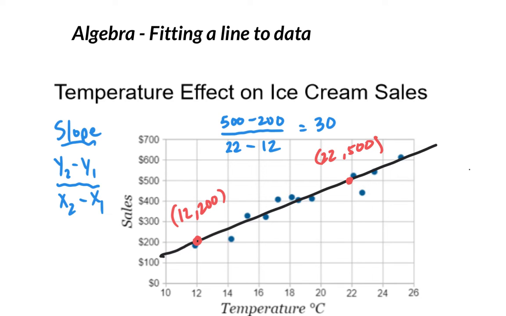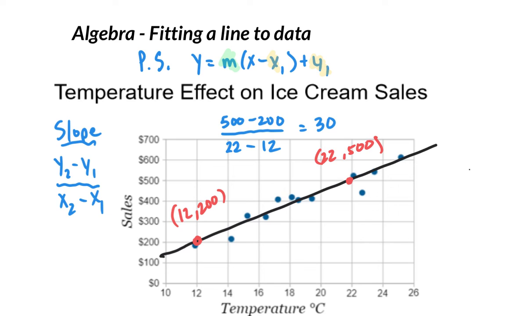From that point, I'm going to use point slope form. So remember, point slope form, I'm going to abbreviate it, point slope is y equals the slope times x minus an x coordinate plus the y part of that coordinate. So again, this represents the slope right here, and this represents the coordinates, or a coordinate.